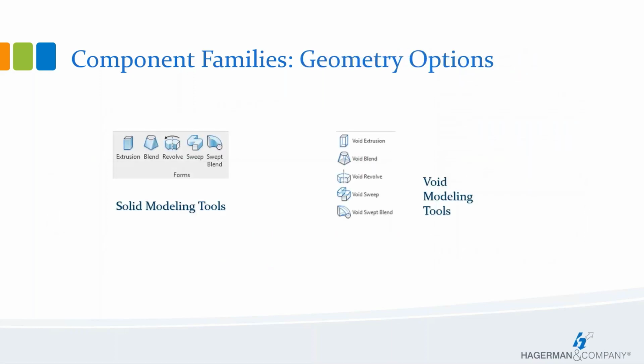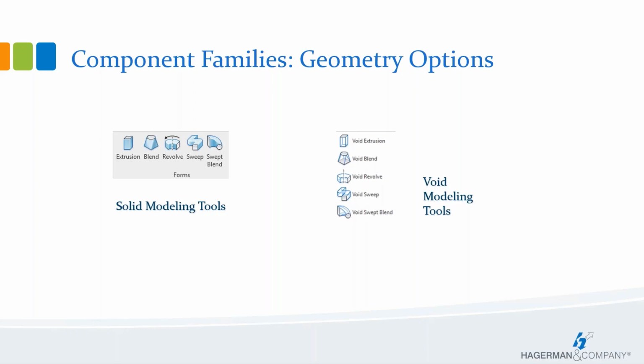Okay, so that last component we looked at was pretty basic and was built with some simple extrusions, which is just one of the many different model geometry options. In addition to extrusions, we can also do blends, revolves, sweeps, and even swept blends.